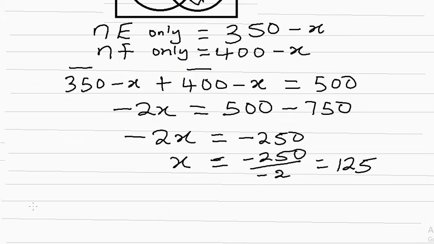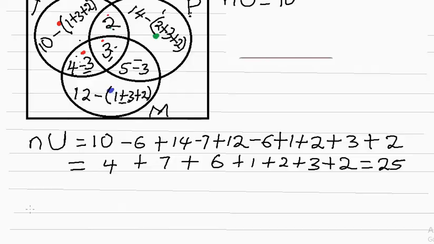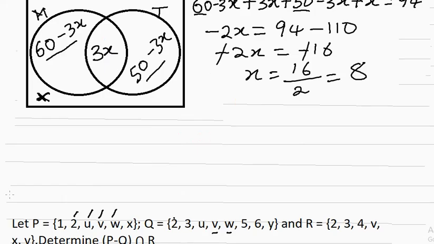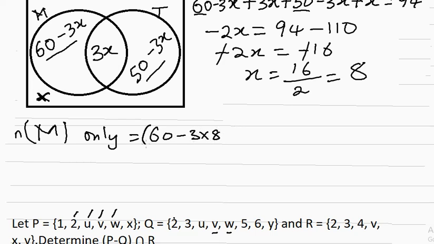What we are actually looking for is the number that love modern music only, which is going to be 60 minus 3 times 8, plus the number that love traditional only, which is 50 minus 3 times 8.